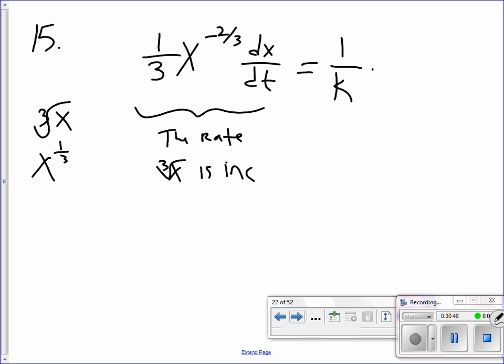How do I write down the rate at which x is increasing? dx dt. What is the value of k? Oh, when x is 8. So you see how we're translating these words? The derivative of the cube root of x is equal to 1 over k times the rate at which x is increasing. That's just my dx dt.